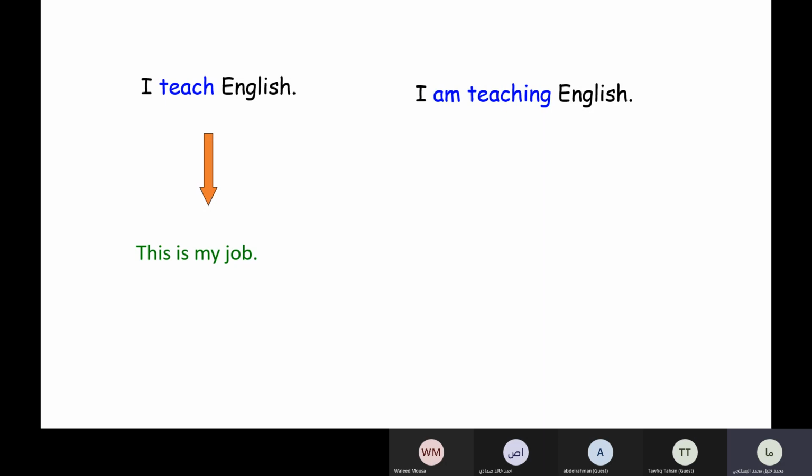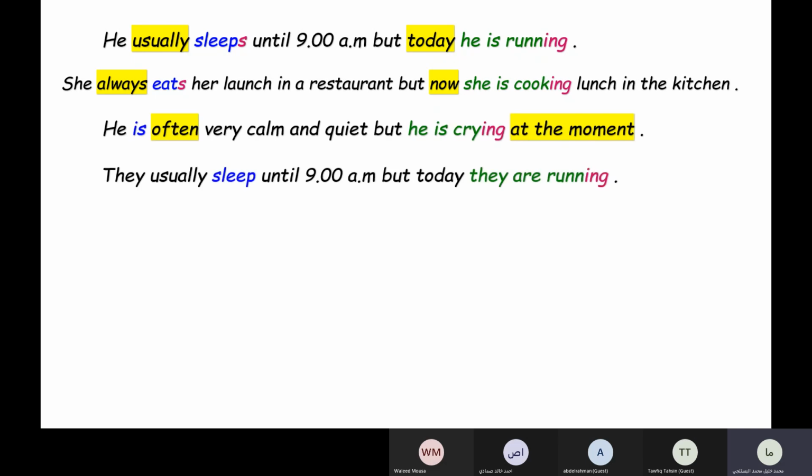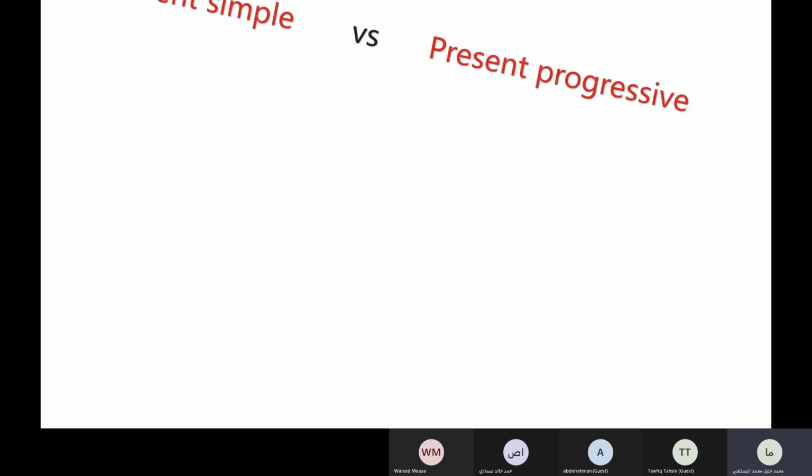I'm taking, yes. For example, he usually sleeps until 9 a.m., but today he's sleeping at 7. So this is about temporary situations.